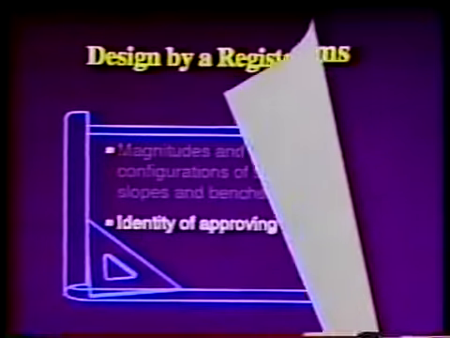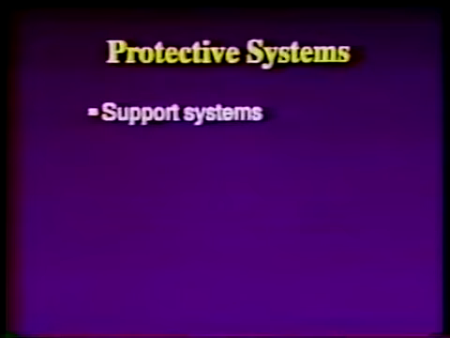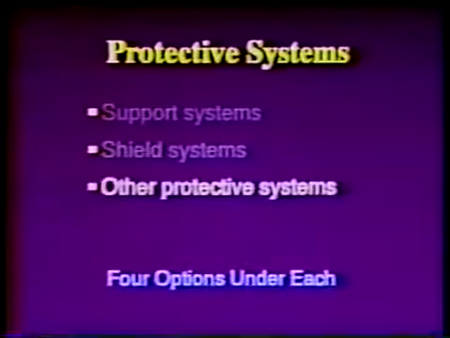The second category of protective system prescribed by OSHA to protect employees from cave-ins involves the use of support systems, shield systems, and other protective systems. The use of this category also requires the choice of one of 4 design options.